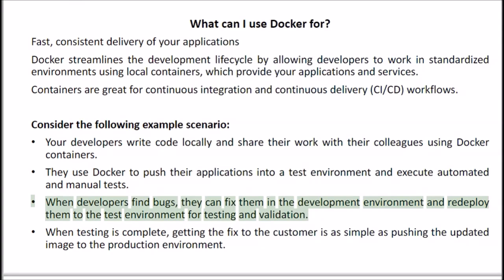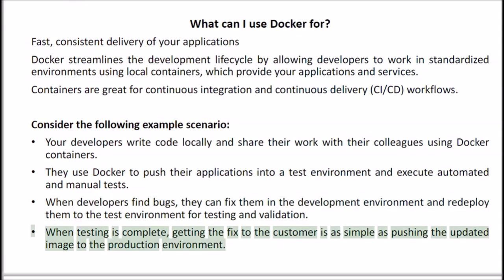When developers find bugs, they can fix them in the development environment and redeploy them to the test environment for testing and validation. When testing is complete, getting the fix to the customer is as simple as pushing the updated image to the production environment.